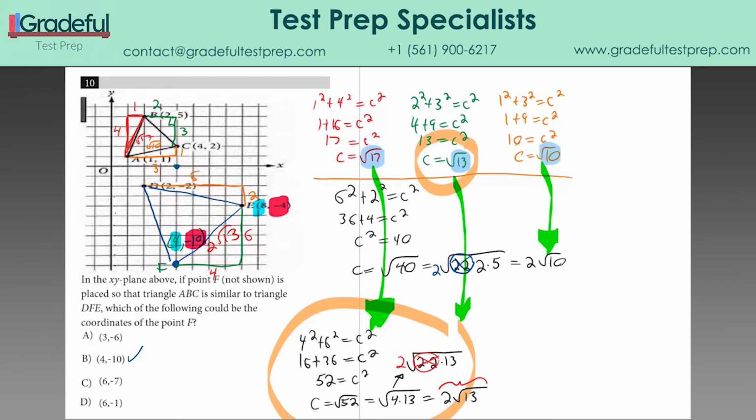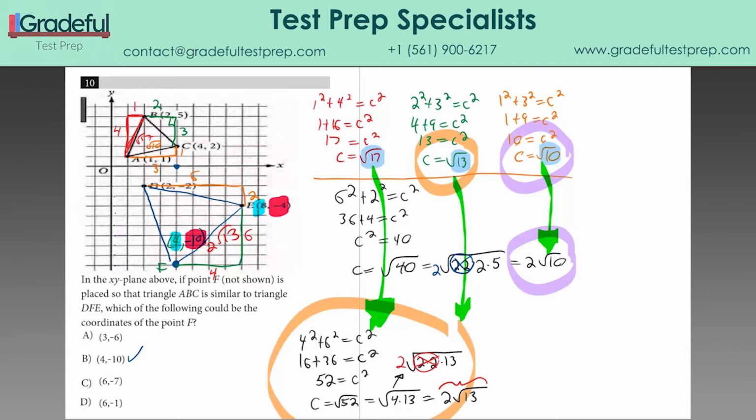In the beginning, we had root 10 for side AC, and that matched up with 2 root 10 for side DE. Now we found that side EF is 2 root 13, which matches up with the root 13 we had for side BC.